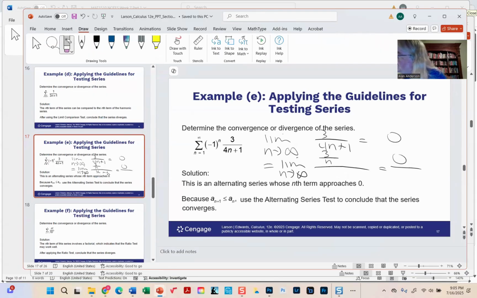Just 4 plus 1 over n. That would be 0. Yes.